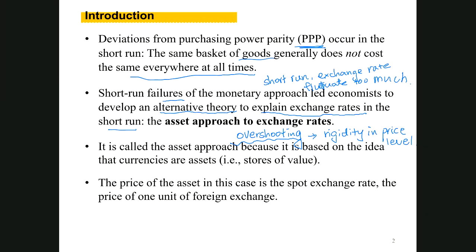Okay, and this approach in the short run is called the asset approach. But for the asset approach, you just simply apply one of the old theories that we learned. It's just the UIP, the approximation of the UIP. The whole chapter is based on this.